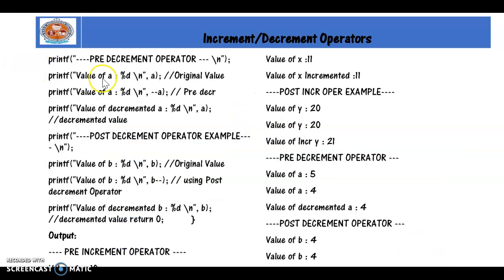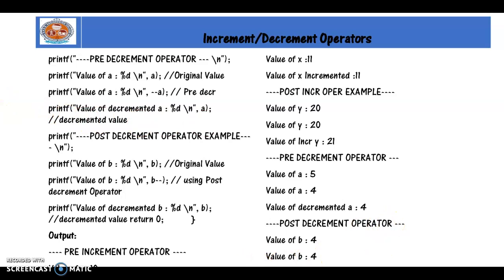Okay. Next after that I am doing the pre-decrementation operator. Original value, what is the value of a? 5, right? 5 is printed here. As it is a pre-decrementation, the decrementation will be performed and then it will print. So as the value is 5, it is decremented by 1 and then it is printed. And after decrementation, we are printing the value.